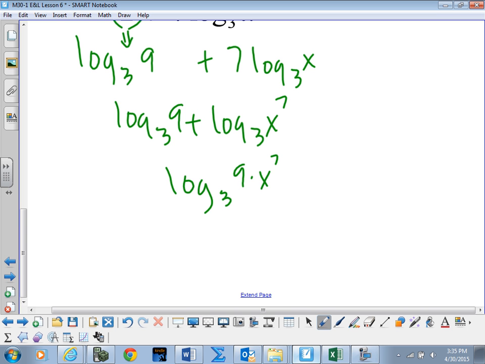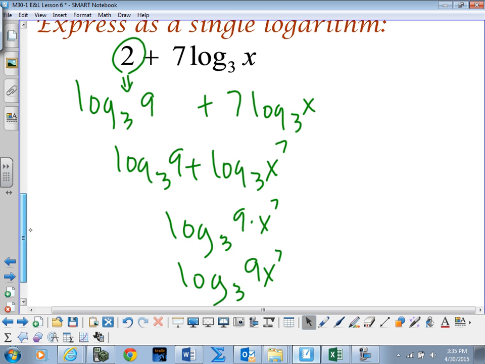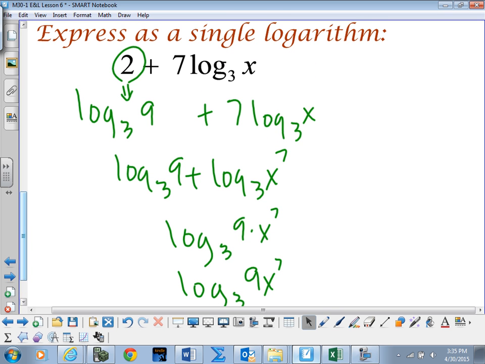So that's going to be 9 times x to the 7, or just 9x to the 7. That would be my single log, which is equivalent to the initial expression. So using a log to represent a constant.